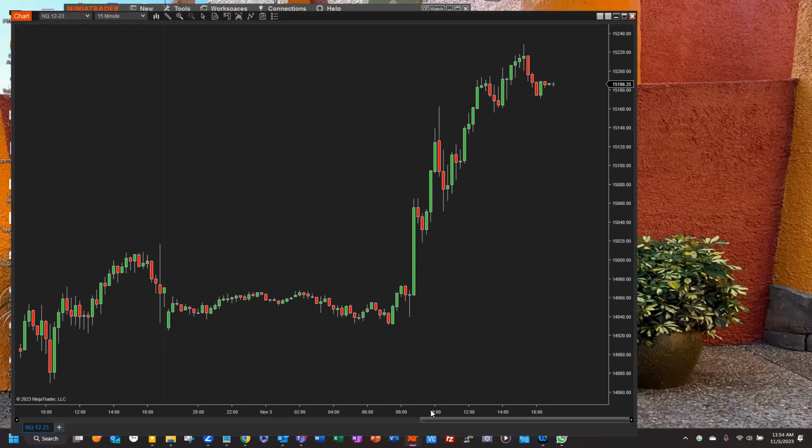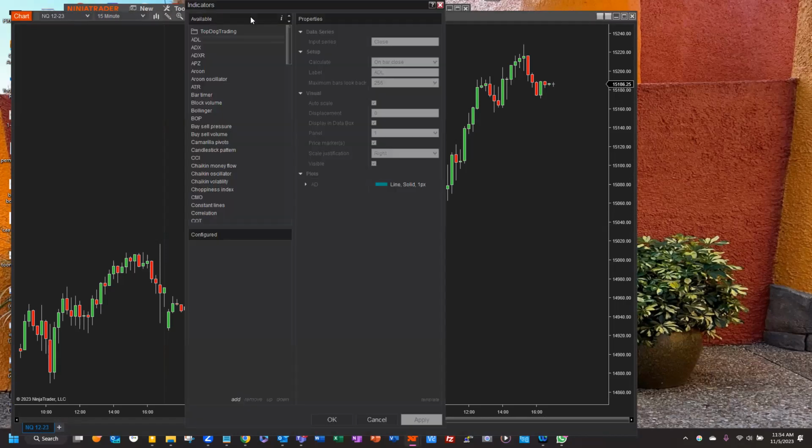But on this one, we do need to add the drawing tool tile. So we go to indicators, the little icon up there. Drawing tool tile, you got to double click it to bring it to the bottom.